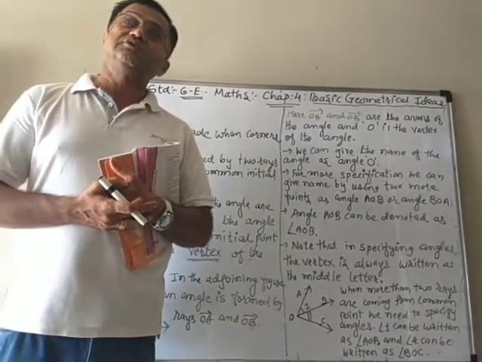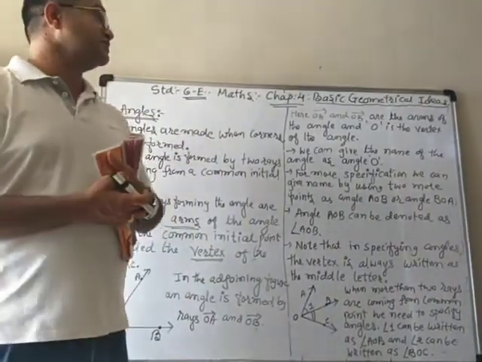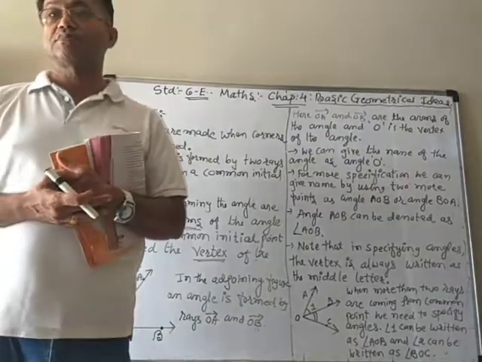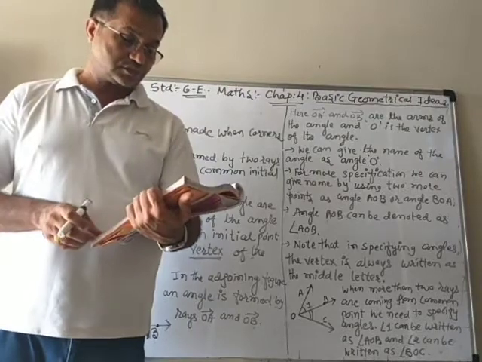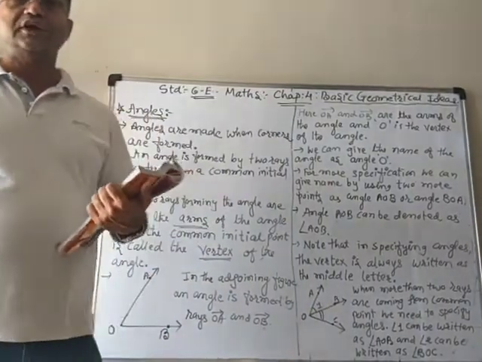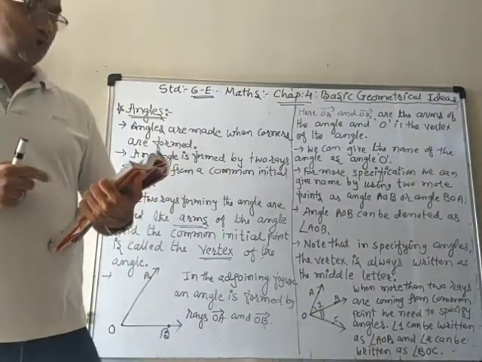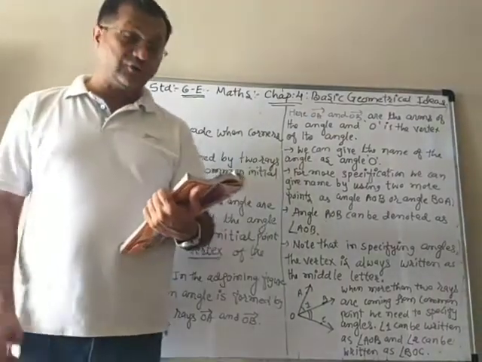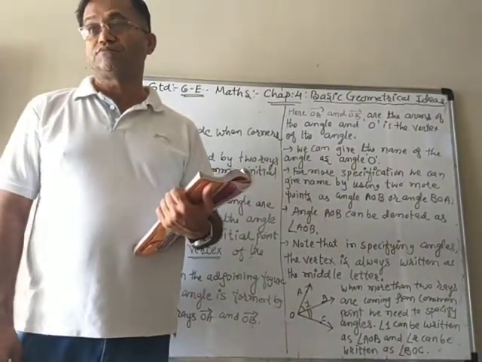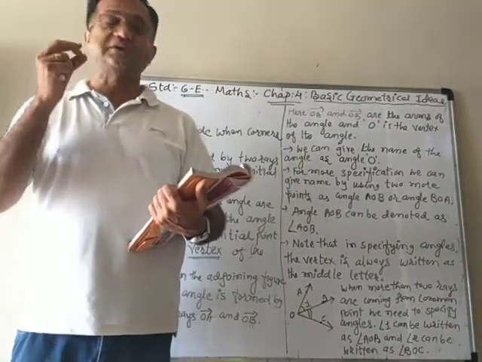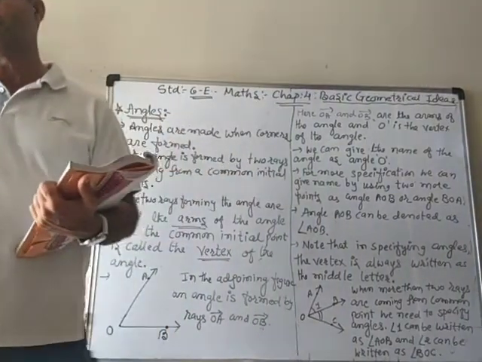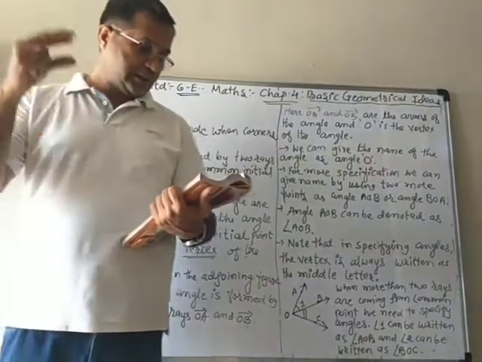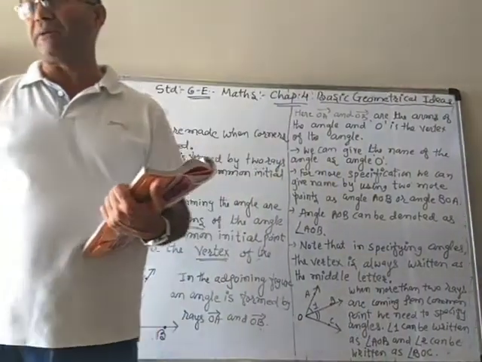In the last video we were busy with chapter number 4, Basic Geometrical Ideas. In the first video, we learned what geometry is, which comes from the Greek words geo and metron. Geo means earth, metron means measurement.